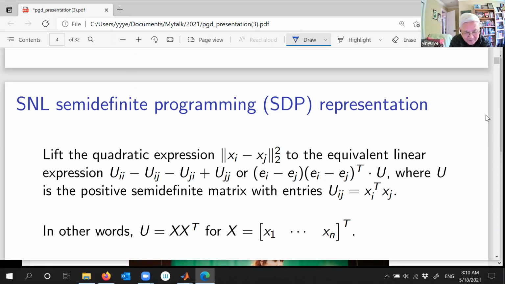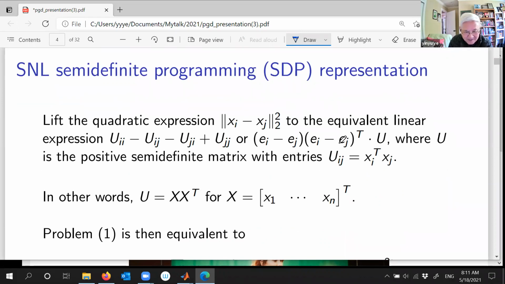This is the difference between the ith point and the jth point. So in your dot product, U now becomes a known matrix, and we assume Uij equals xi minus xj. So this is an inner product.